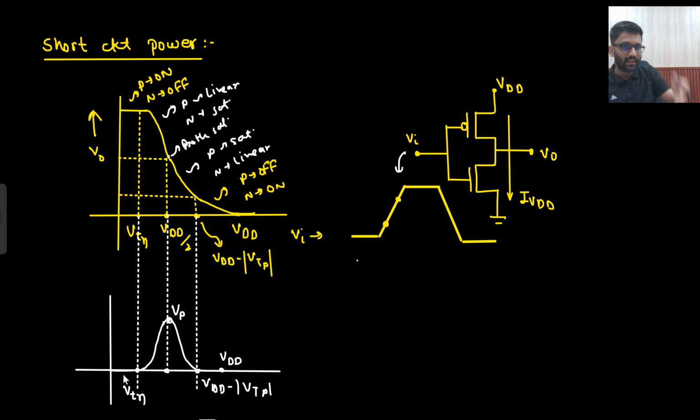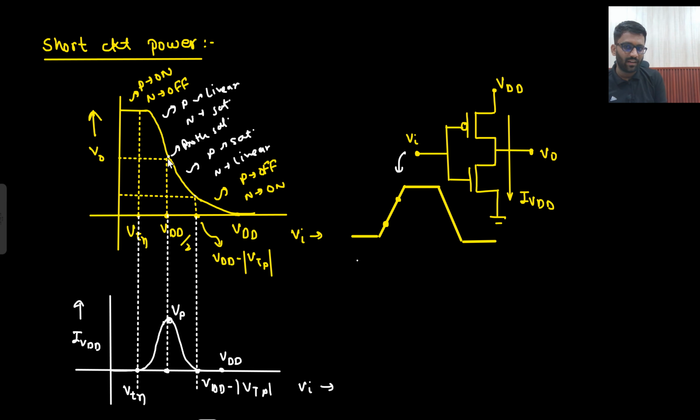Because of that current, VDD into IVDD. This I am drawing, the waveform of IVDD with respect to my Vin voltage. Because of that VDD into IVDD, some power will be consumed. That is known as short circuit power or switching power.